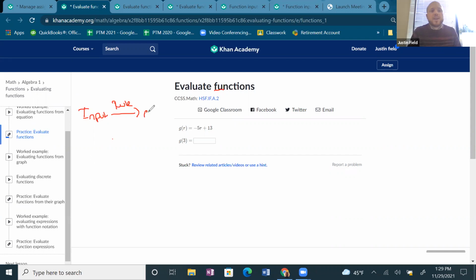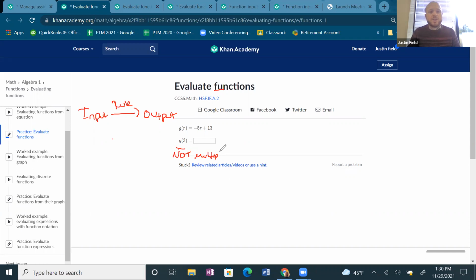And then you get an output. I always think about a vending machine because you have your input, and then you press the button, then you get your output, your candy or healthy snack.